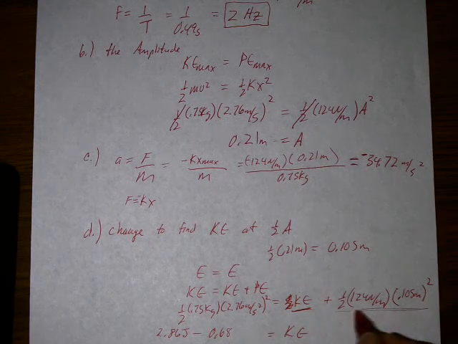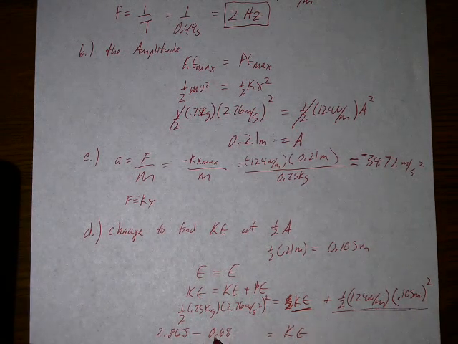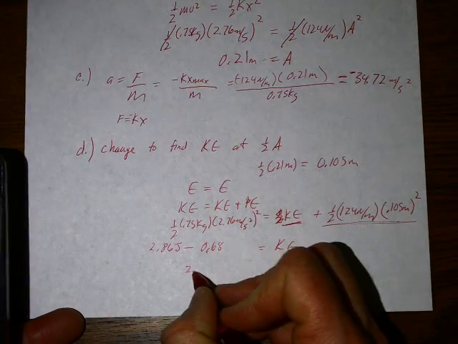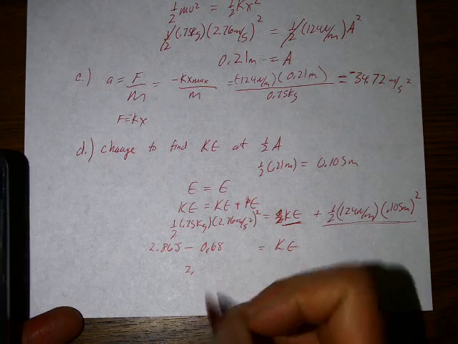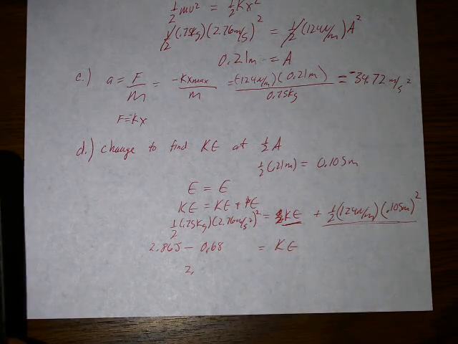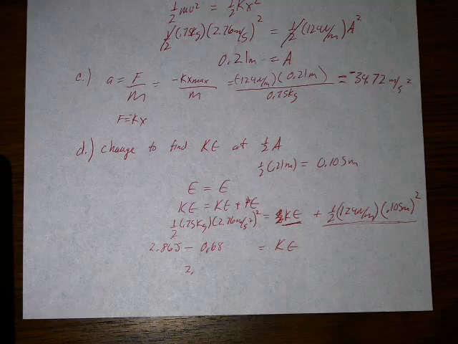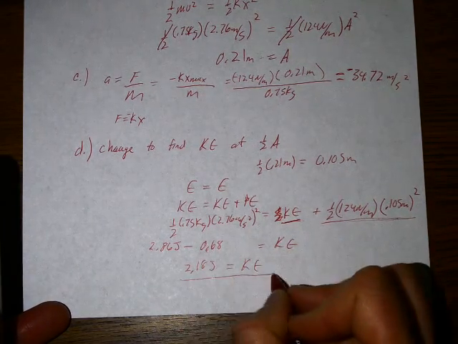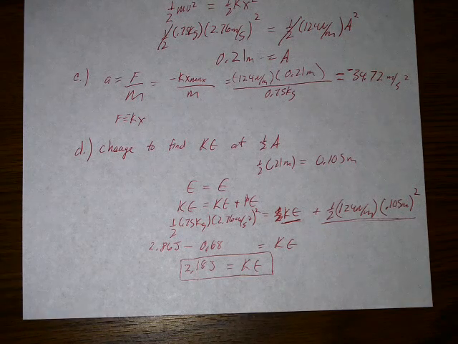All of this is 0.68, so I'm subtracting it. So what is that, 2.18 or something like that? Yeah, 2.18. So there's 2.18 joules of kinetic. Had they asked me to, I could have found what the velocity was, but they didn't ask that.